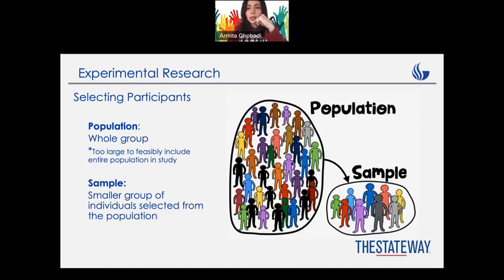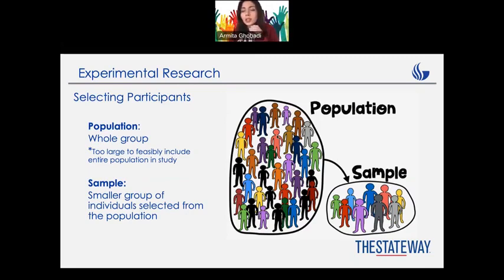Imagine we're going to study freshmen sleeping hours and their attitude the day after, their mood the day after. So we cannot just study every freshman at GSU, right? For example, maybe there are just 5,000 freshmen at GSU. So we cannot do that.